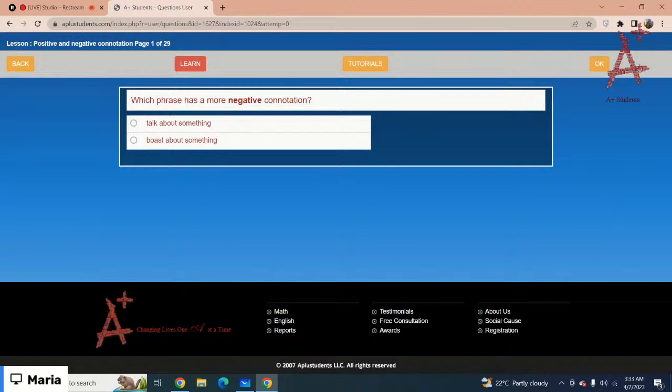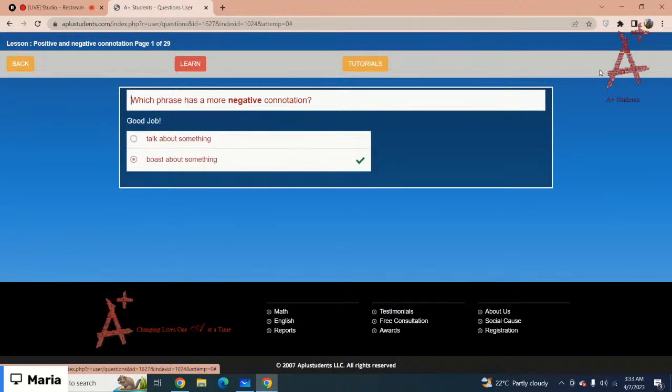Negative is the second one, boast about something. Got it? Talking is not negative.